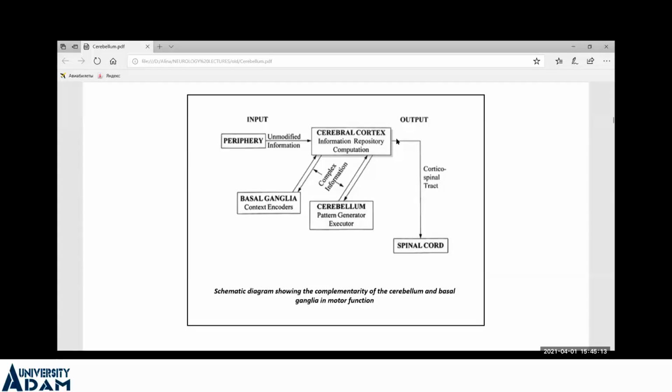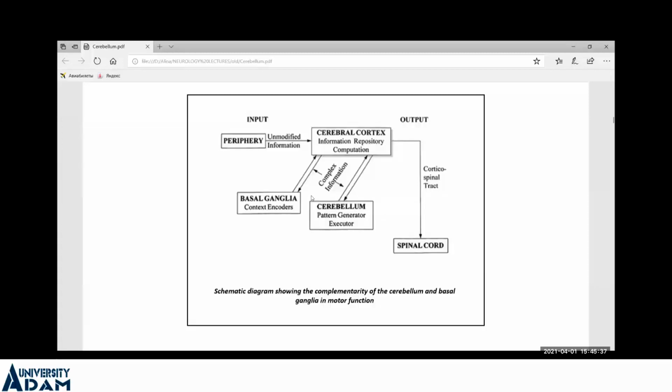We have many receiving structures in the brain. And guys, as you can see, we have an output, right? But the cerebral cortex is also associated with basal ganglia and cerebellum.